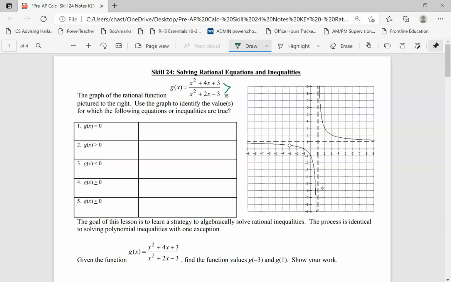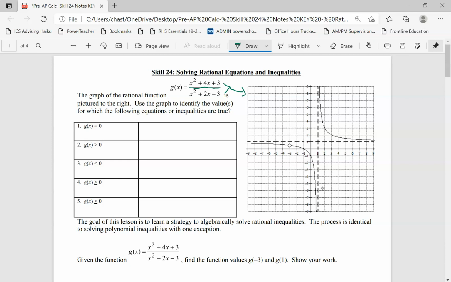If you look here, you'll notice there's a fraction bar, and we have a polynomial on top and a polynomial on the bottom. If we look at this particular graph, this is the graph for the function g of x. What we're going to do is talk more specifically about the algebra for solving rational inequalities.